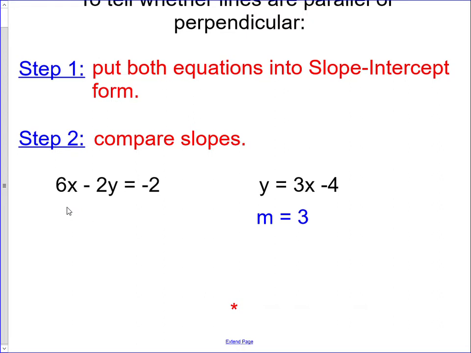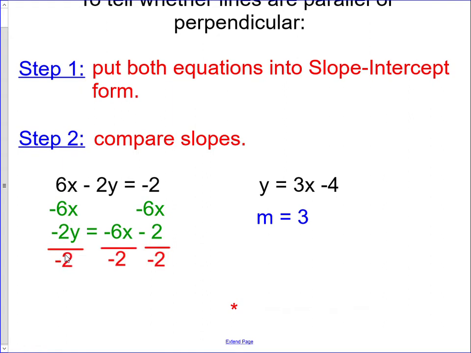The first thing we need to do is subtract 6x from both sides. When we subtract 6x from both sides, that leaves us with -2y is equal to -6x minus 2. We need to further isolate y. They're multiplying it by -2, so we divide by -2.